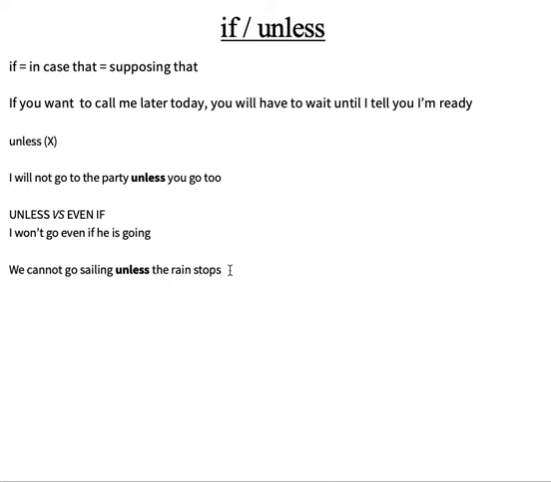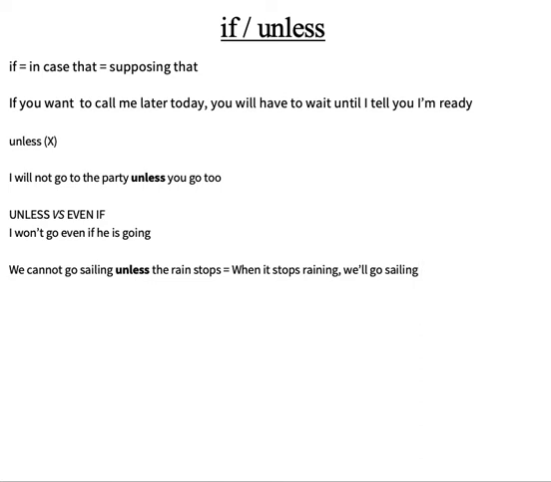There is only one possibility for us going sailing, and that is the rain stopping. When it stops raining, we'll go sailing. So it's raining now, right? We are not going sailing. So we cannot go sailing unless the rain stops.